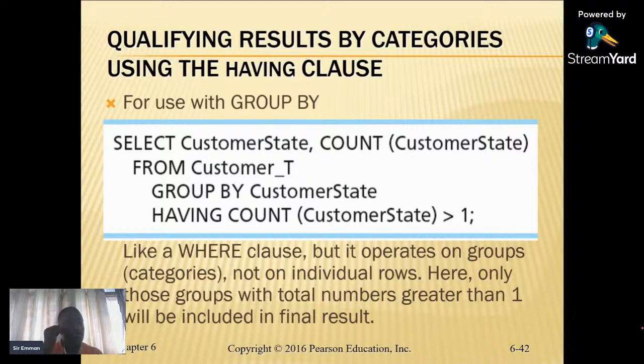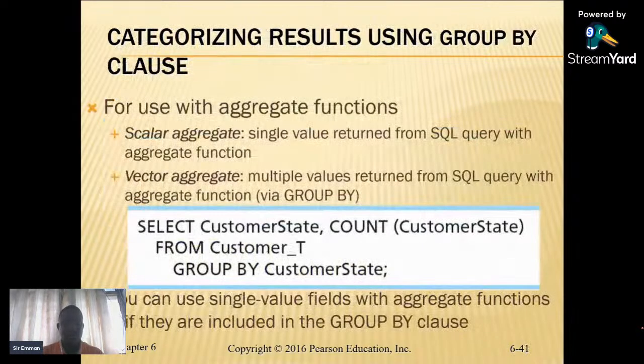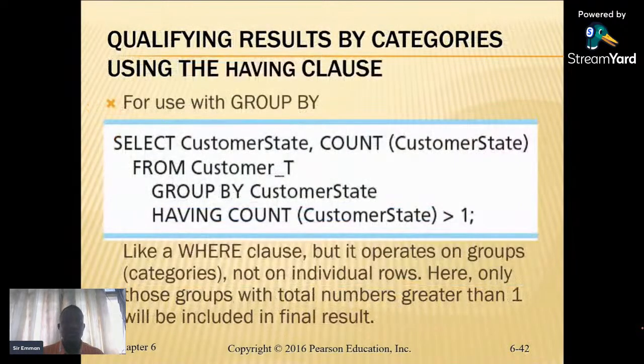So here too, we have group by having. The having clause restricts which groups will be returned in a vector aggregate query.